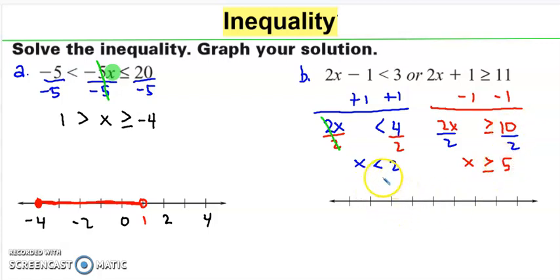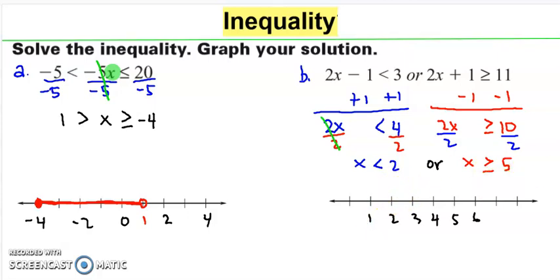So now we're going to graph the solution to this inequality. So 2, 3, 4, 5, 6, 1 right here.